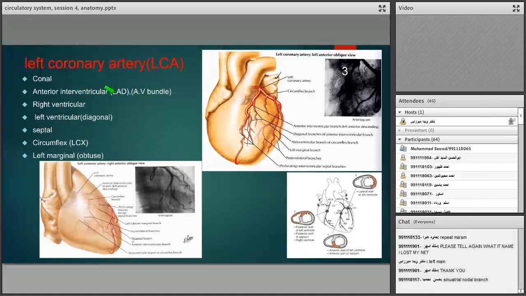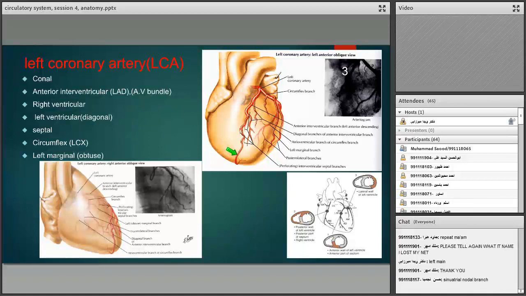This artery is also called LAD and is placed in the anterior interventricular sulcus of the heart on the sternocostal surface of the heart. So, the LAD branch of the left coronary artery is placed in the interventricular sulcus of the heart, here on the sternocostal surface.